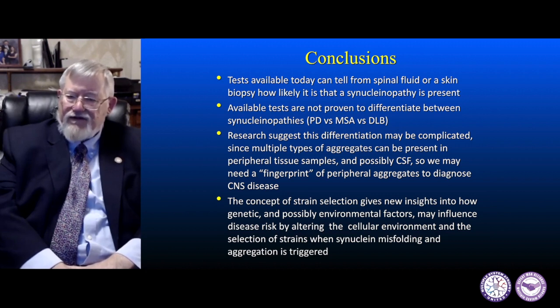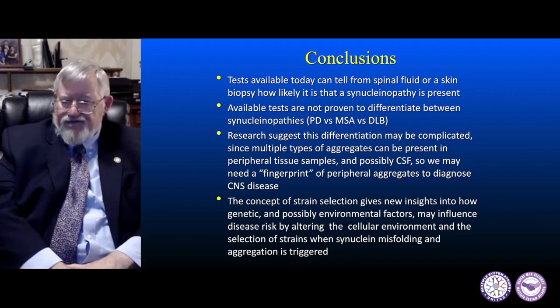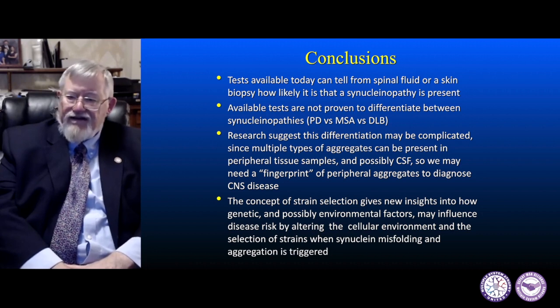And this concept of strain selection gives us new insights into how the genetic and possibly the environmental factors can influence the risk of different diseases, different synucleinopathies, by altering the cellular environment and the selection of which strains, when synuclein misfolding and aggregation is triggered, are propagated into the brain, the central nervous system, as well as to other parts of the body.